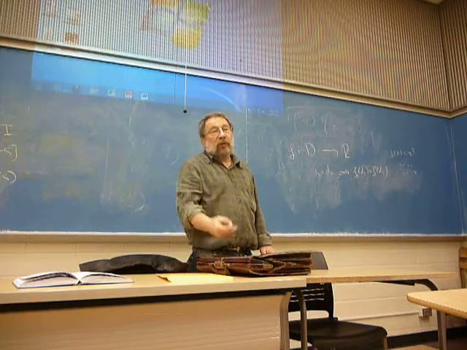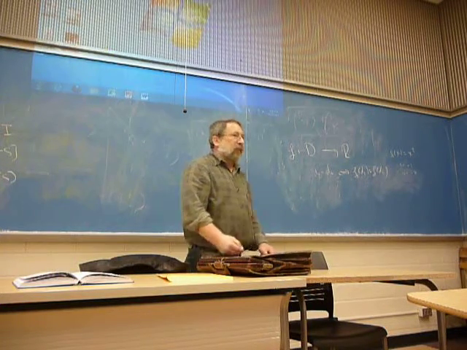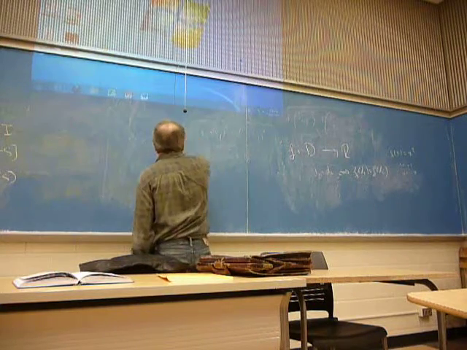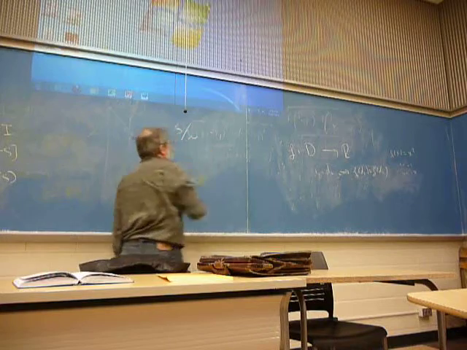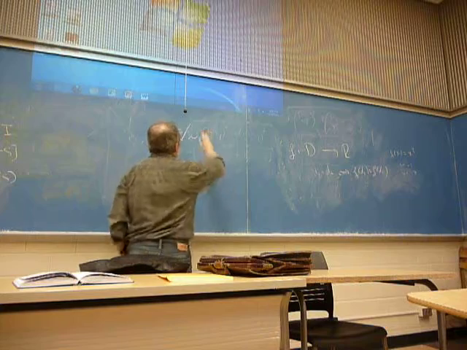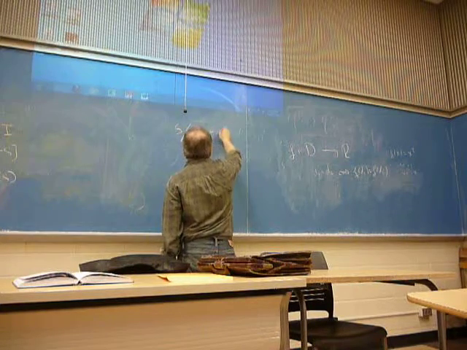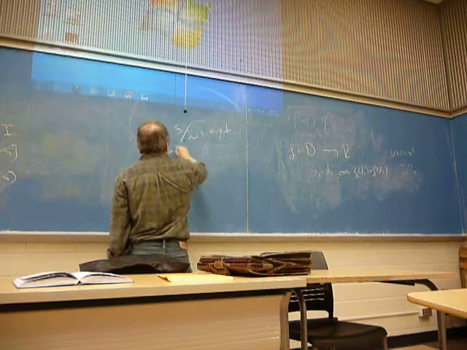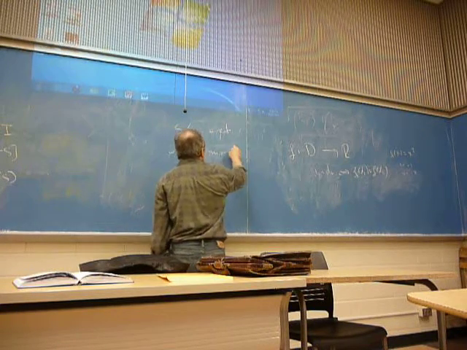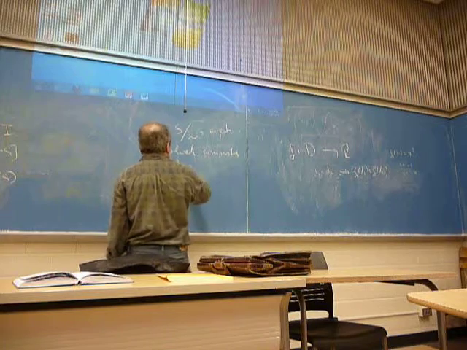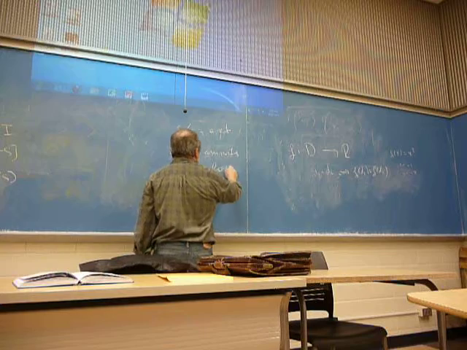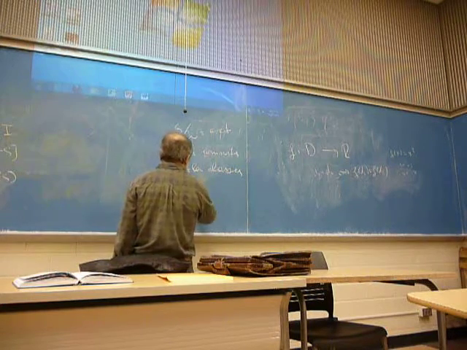We should write that down. So you have S and an equivalence relation. The factor set is a set which consists of the classes of equivalence.